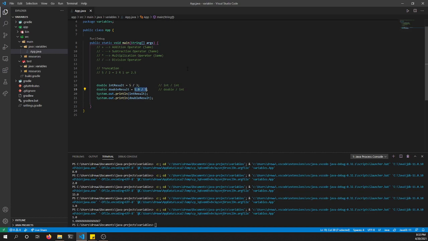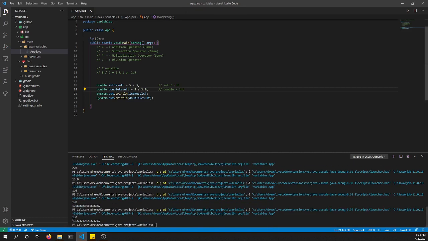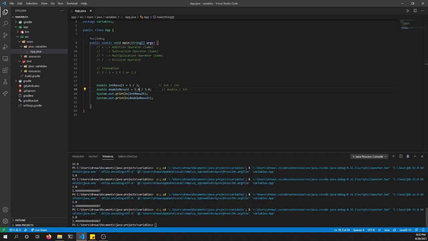I better treat these like doubles. And when it did that division, it got 1.6 repeating, and then it stuck the answer in a double variable. This would have worked either direction. So even if I had done 5 over 3.0, I get the same answer. And if they were both doubles, I would have gotten the same answer.